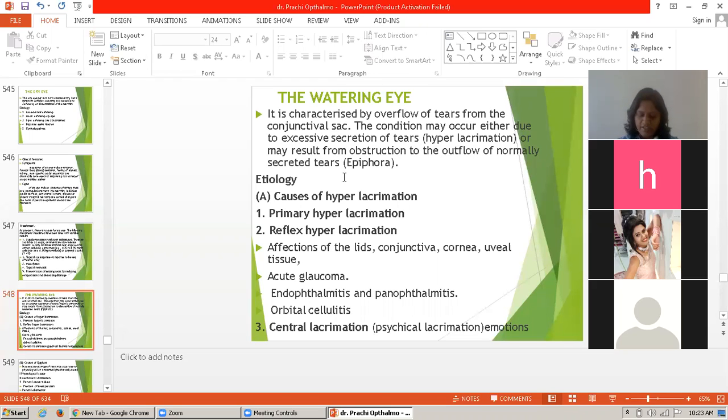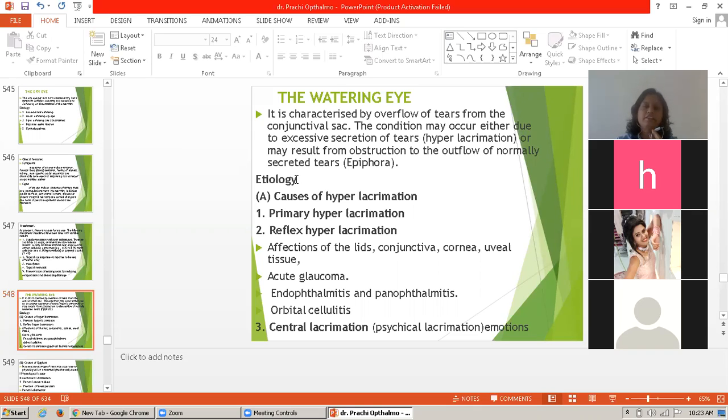So, watering is associated with blurring of vision and continuous discomfort caused by the tears running down the cheek. In all instances, it is necessary to find out whether there is excessive production of tears, that is lacrimation, or defective drainage, that is epiphora. In lacrimation, there is excessive secretion of tears due to reflex stimulation of the lacrimal gland.